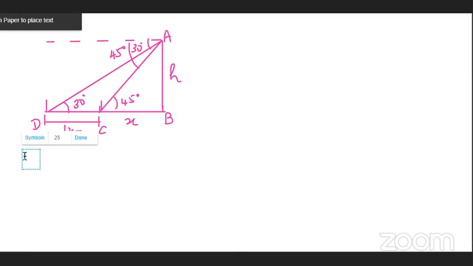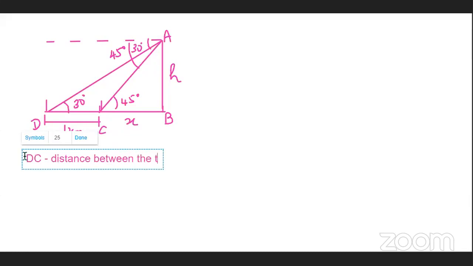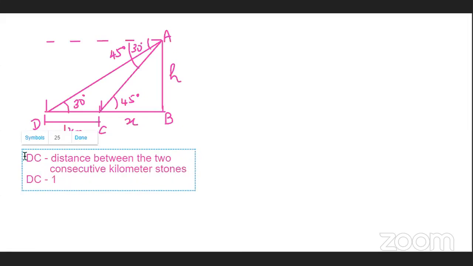Let me give you the statements. DC is the distance between two consecutive kilometer stones. So DC equals 1 kilometer.